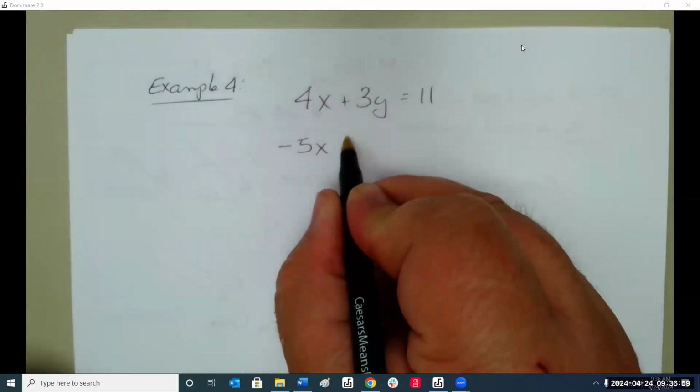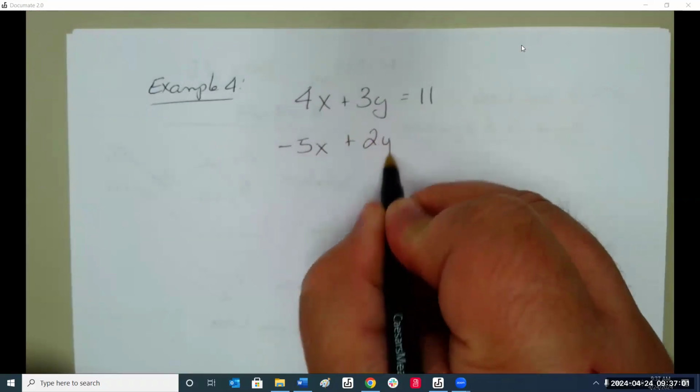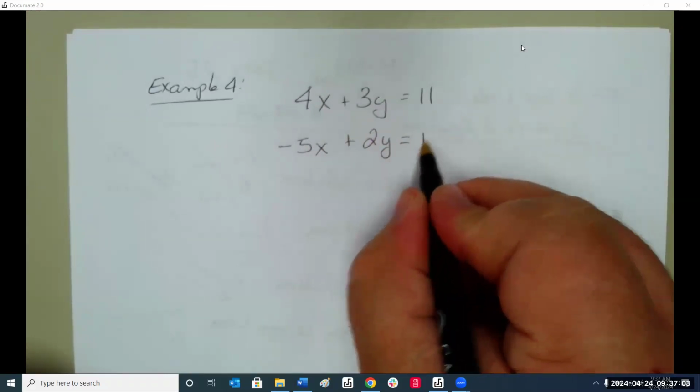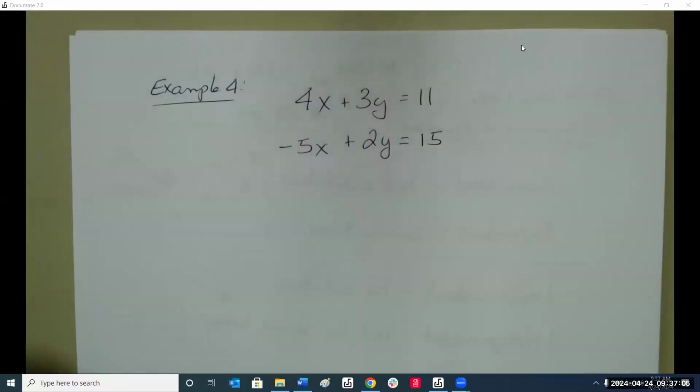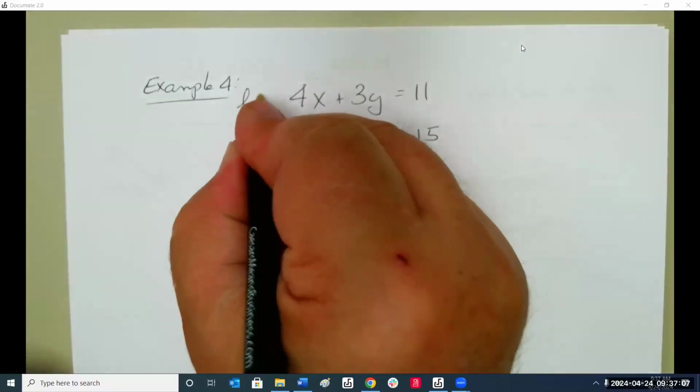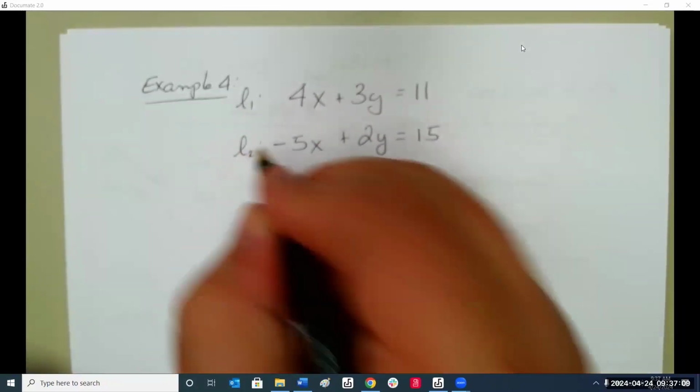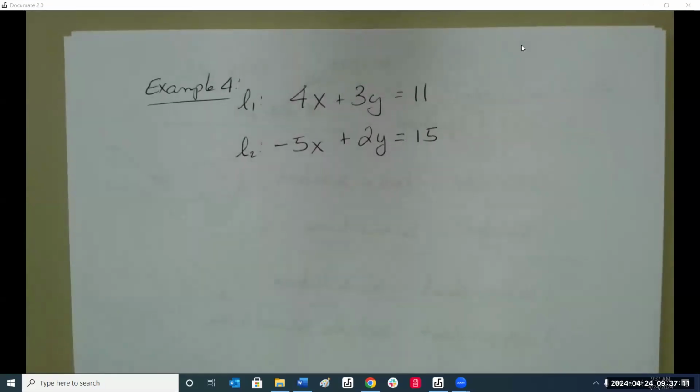Negative 5x plus 2y equals 15. So this is line 1, and this is line 2. Let's do all methods, except the graphing. Graphing is going to be difficult in this one.